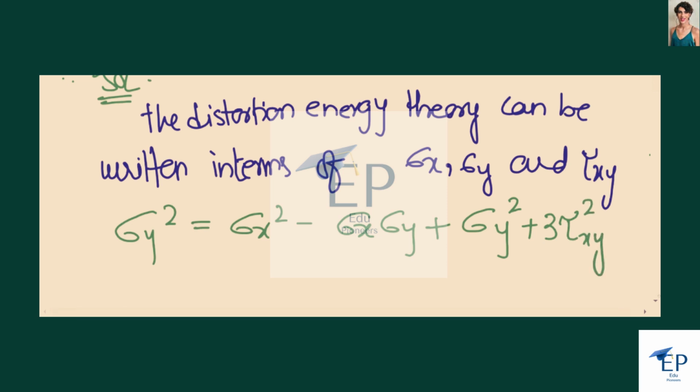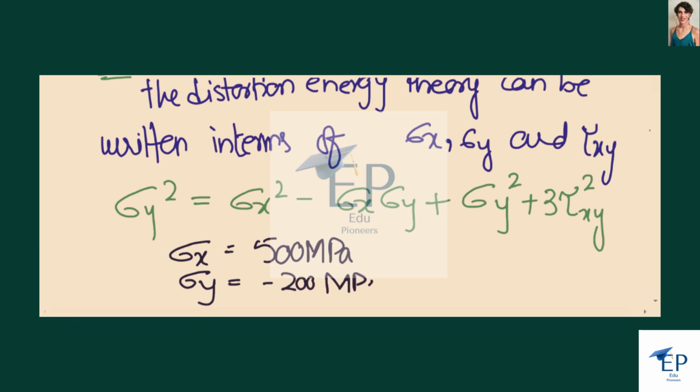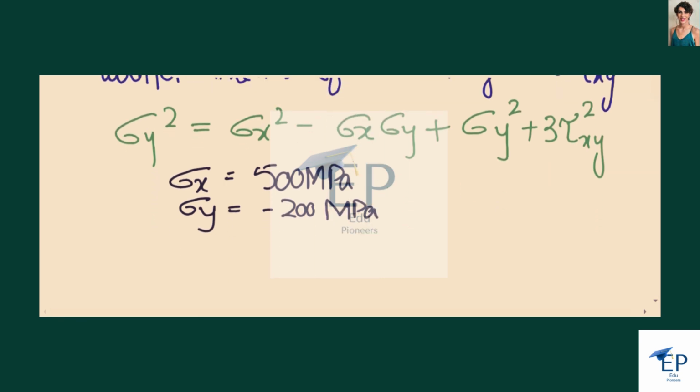So in the figure, as you can see, taking x as horizontal and y as vertical, and right and upwards positive, we get that sigma sub x is equal to 500 megapascals, right? Sigma sub y is equal to negative 200 megapascals, and tau sub xy is equal to 150 megapascals.